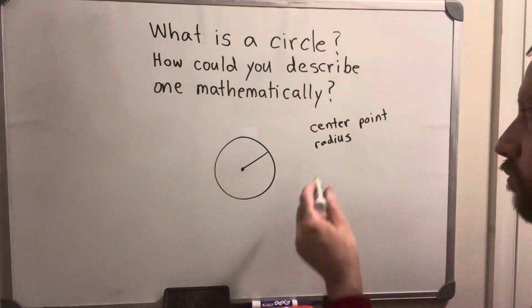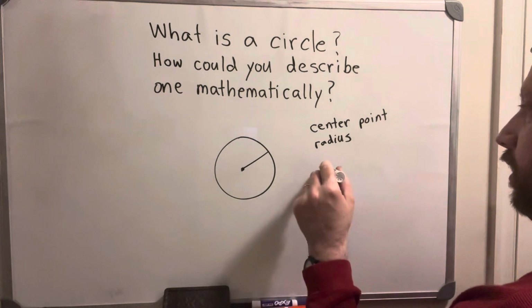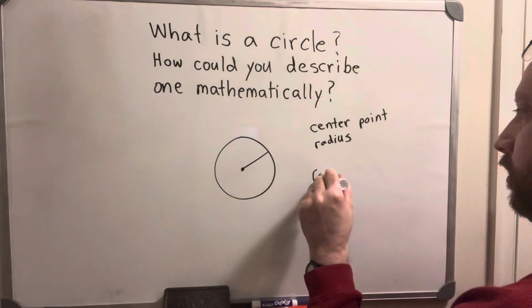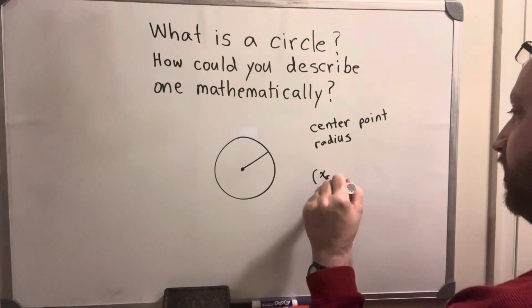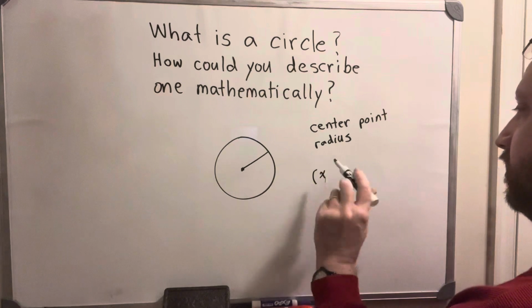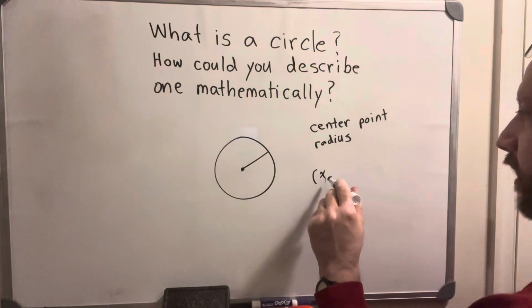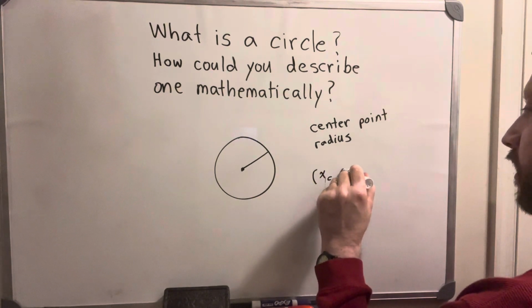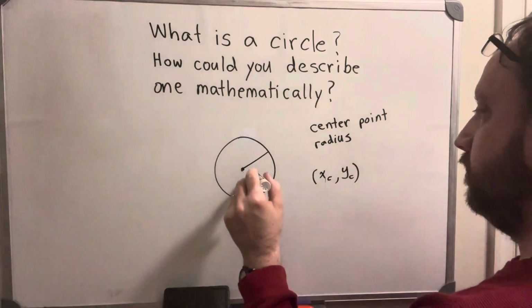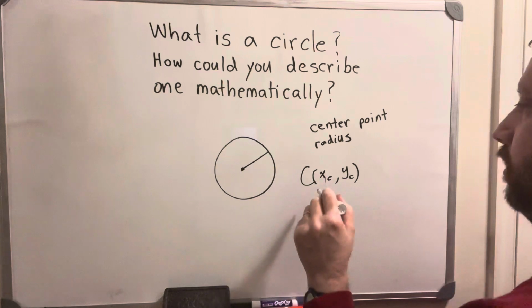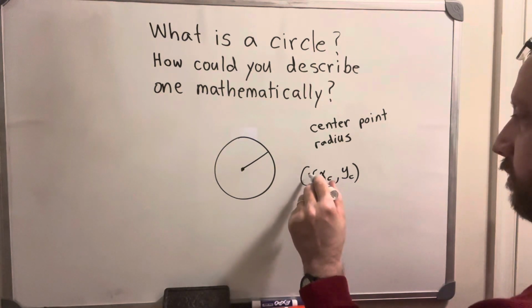Right. If you said an ordered pair, we could call this X sub C, the center X coordinate, and Y sub C. We could call this the center using that notation.